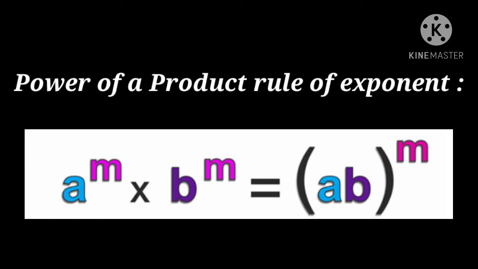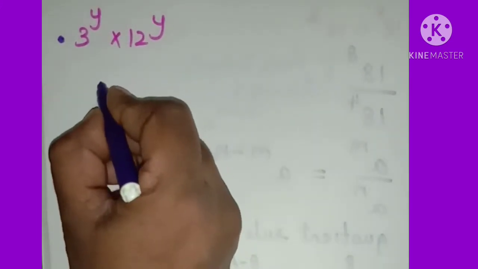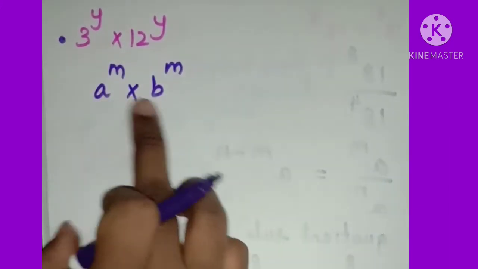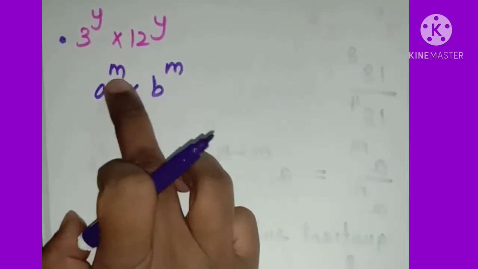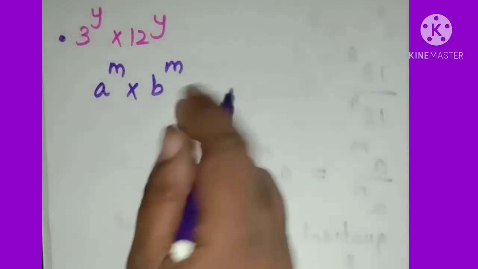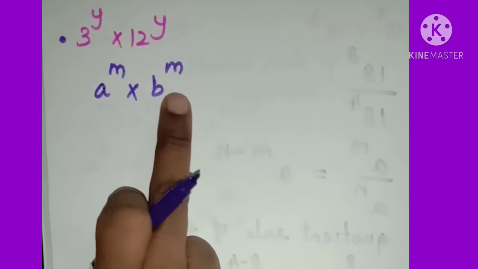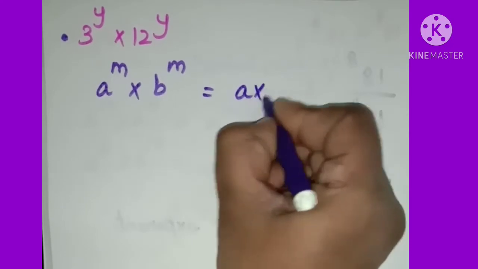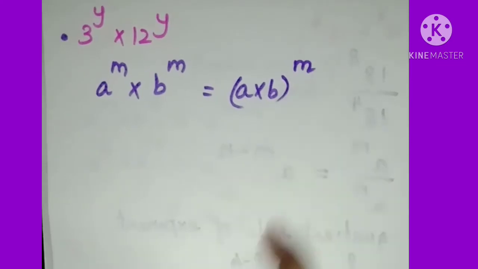Problems based on the power of a product rule of exponent. See the expression 3 power y into 12 power y. So it is of the form a power m into b power m. So the bases are different, non-identical bases, and the exponents are same. So if the bases are non-identical and the exponents are same, we can take the product of the bases and write down the exponent.